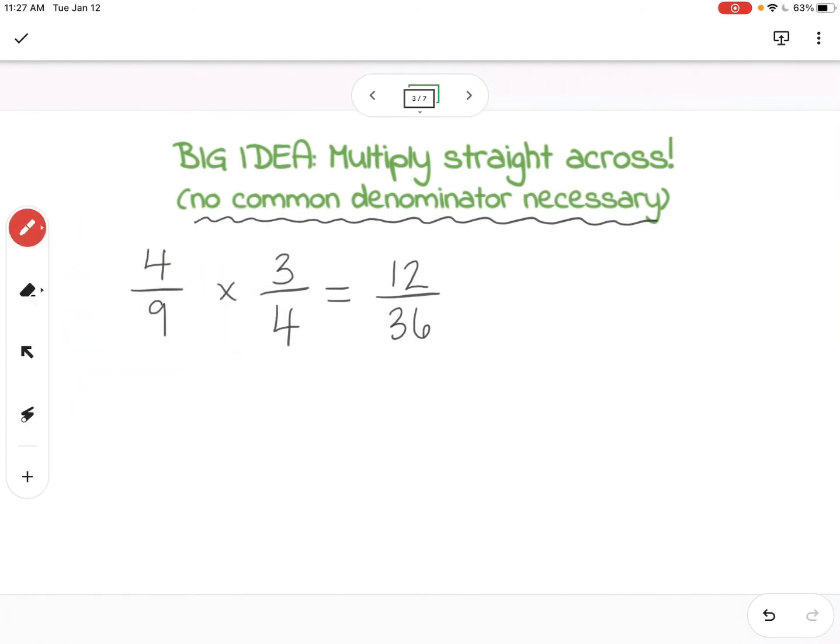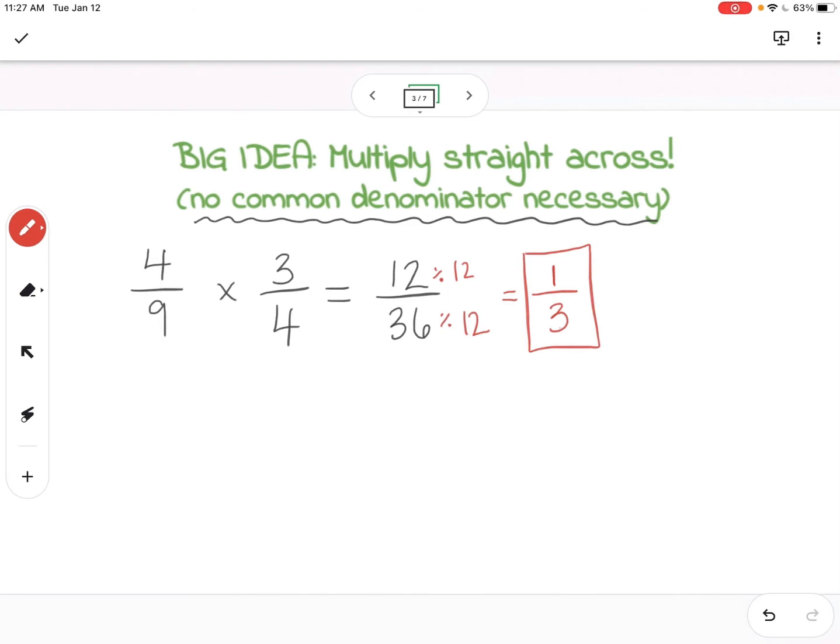I know these are both divisible by 12, because I know my 12s well. So I'm just going to divide both the bottom and the top by 12: 12 goes into 12 one time, and 12 goes into 36 3 times. So that is equal to 1/3.